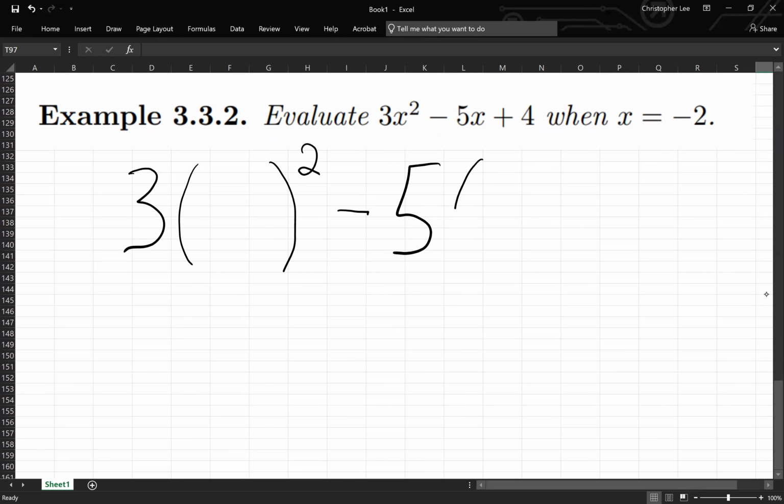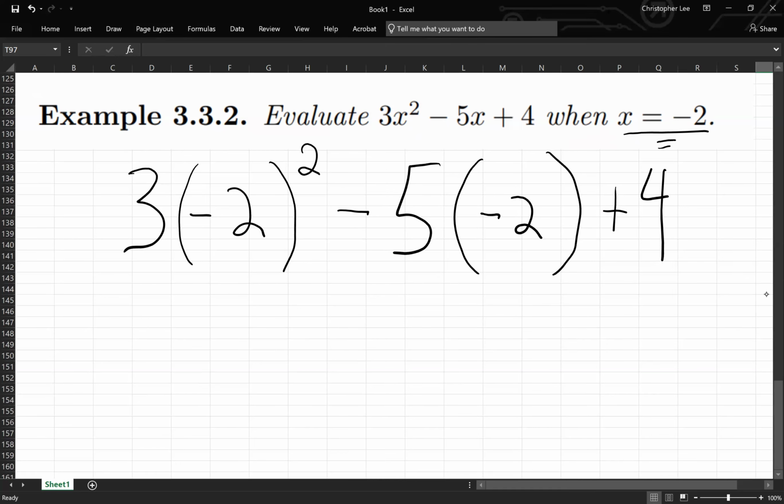Minus 5. Instead of the x, I'm going to write a parentheses plus 4. Now, I want to evaluate this when x is equal to negative 2. So what does that mean? I'm literally going to take negative 2 and plug it into the expression right here. Negative 2, negative 2. And then after that, just do the math on it, right?